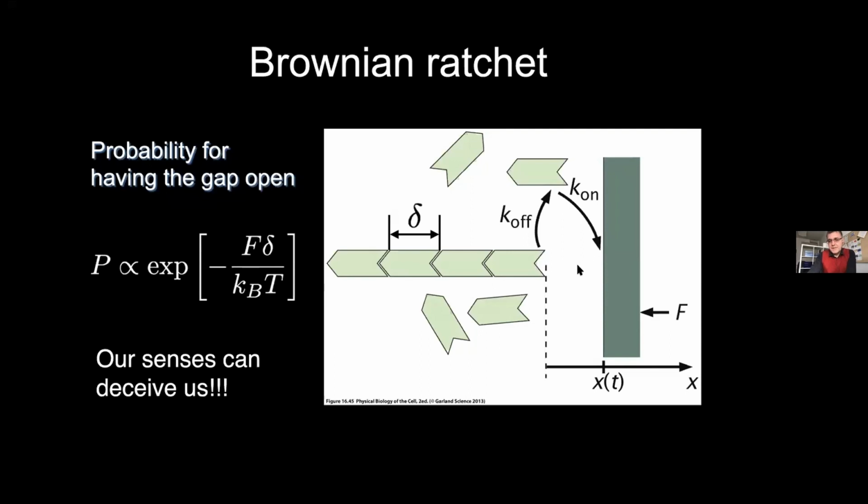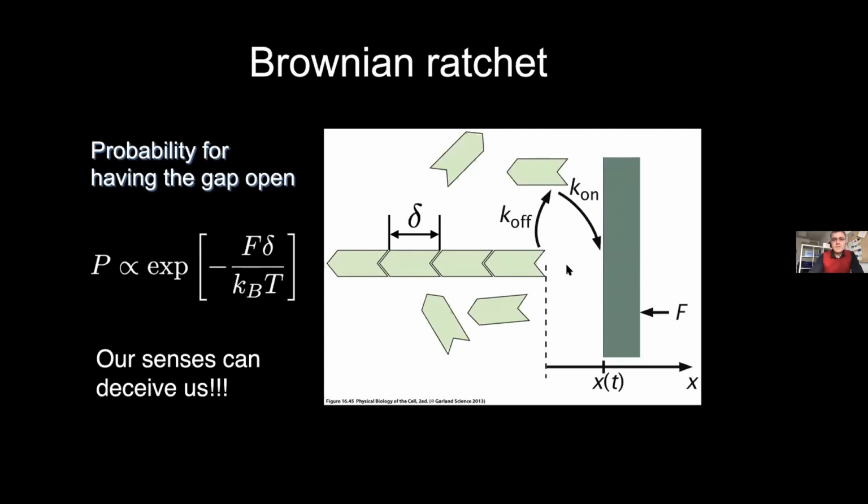But that's just the energy that is equal to force times the size of the gap, and because all these processes happen due to thermal forces, one can calculate from the Boltzmann distribution the probability for having this gap open.